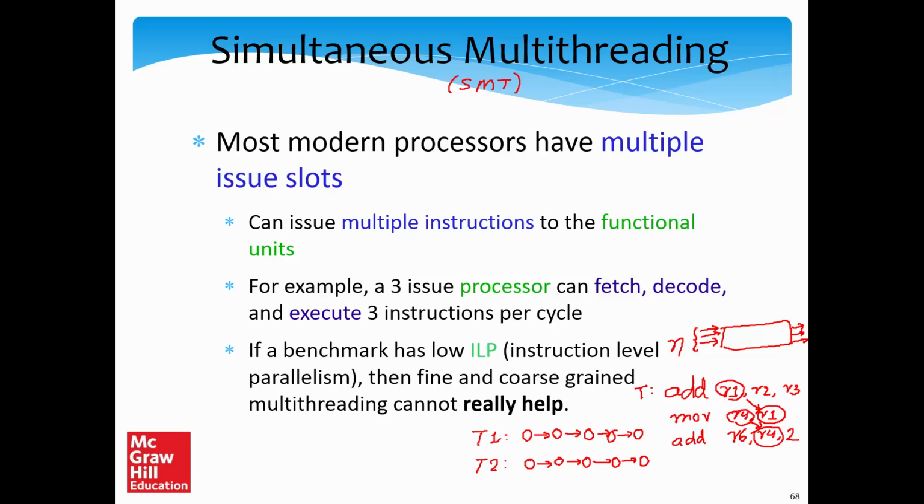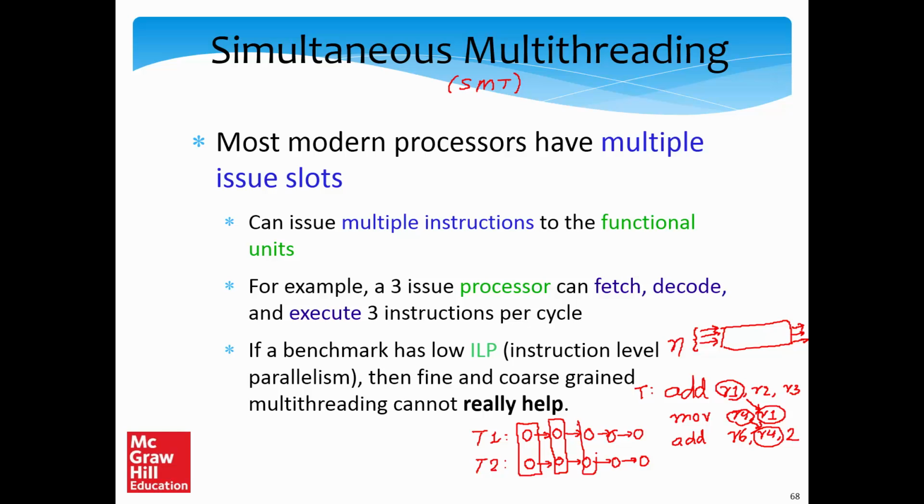What we can do is that we can actually send instructions of both of these separate threads into the pipeline together. So the pipeline, for example, can then fetch, decode, issue, execute these 2 instructions together, because they can be executed in parallel because they belong to multiple threads. Then we can execute these 2 instructions together. They also can be executed in parallel because they belong to different threads, and their predecessor instructions are done.